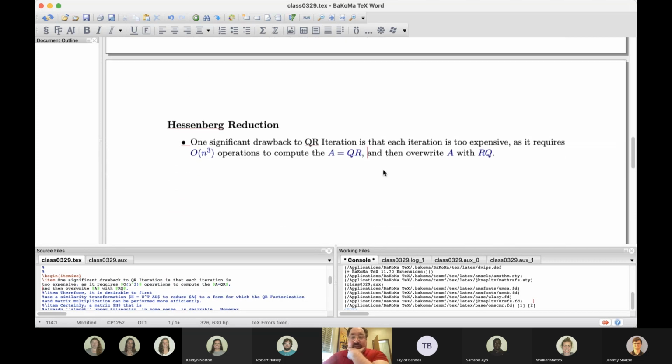Okay. So the first big problem with the QR iteration is it's extremely slow. Each iteration costs too much because we're computing a QR factorization that takes order n cubed operations, and then we multiply these two matrices together. That is also order n cubed operations.